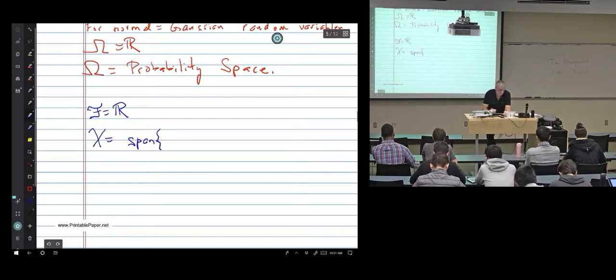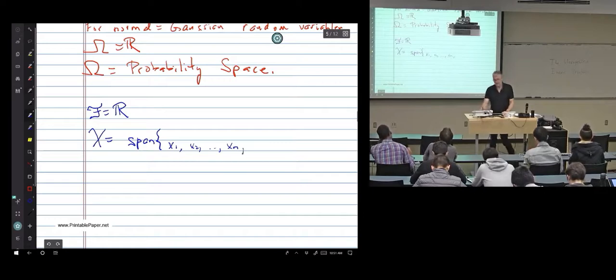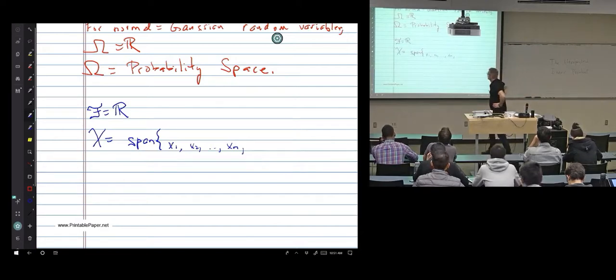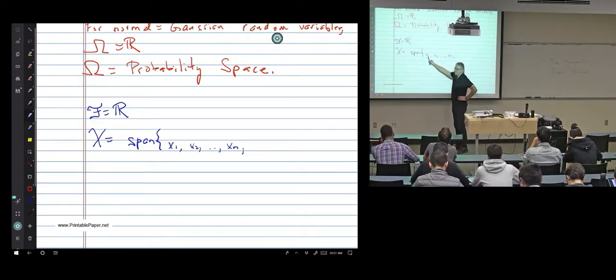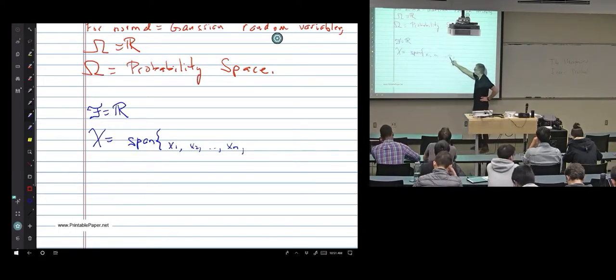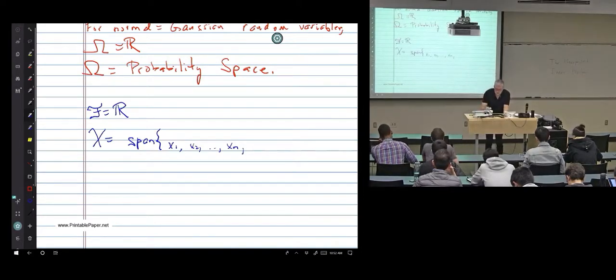All the linear combinations I can generate from x1, x2, xn. Okay, so this is a function just like 1. This is a function just like t. This is a function like t to the n minus 1. Okay, so those are functions. I can treat them as vectors.